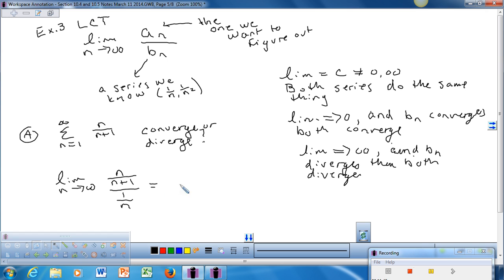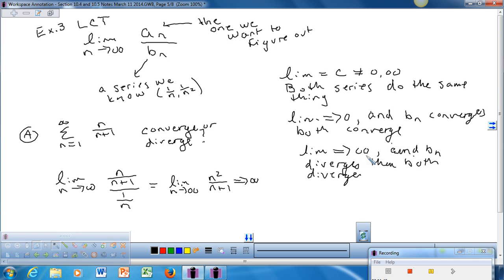So this comes out to be the limit as n approaches infinity of, what, n squared over n plus 1? And what will that limit approach? Infinity. So we are at this condition here. The limit approaches infinity.